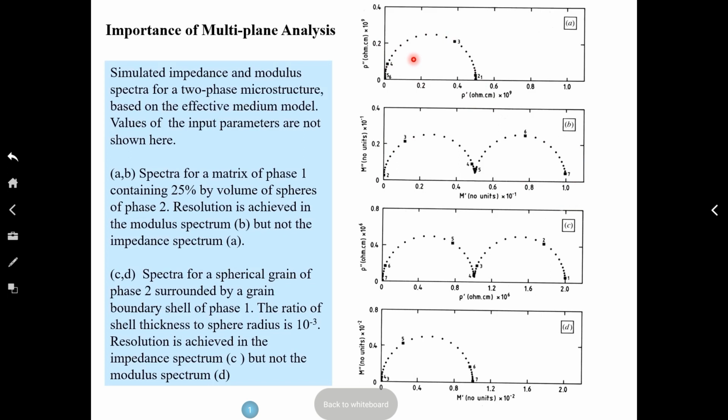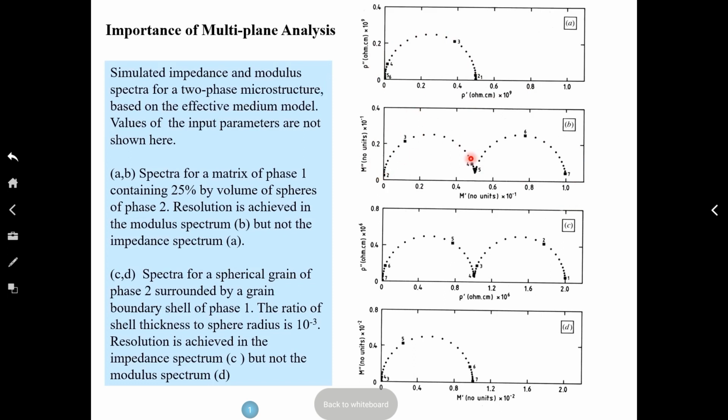It all depends on the actual values of R1C1 and R2C2. In fact, one of the semicircles is hiding either at the high frequency end or the low frequency end. The semicircle is so tiny when plotted in the impedance plot that it doesn't quite appear.